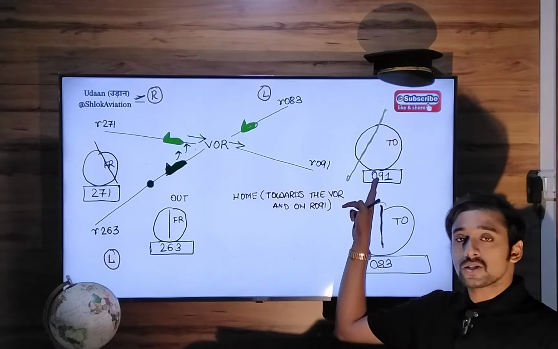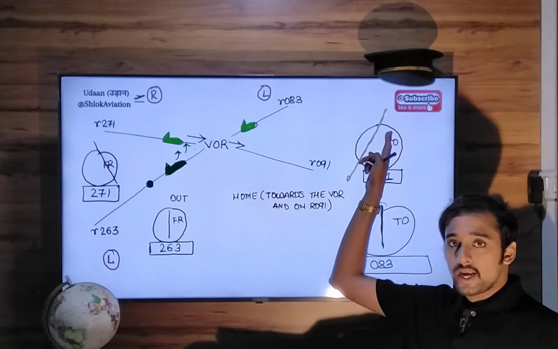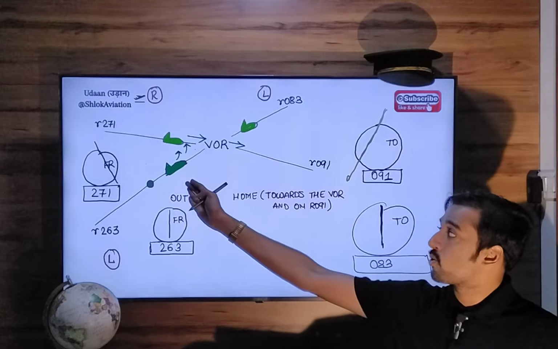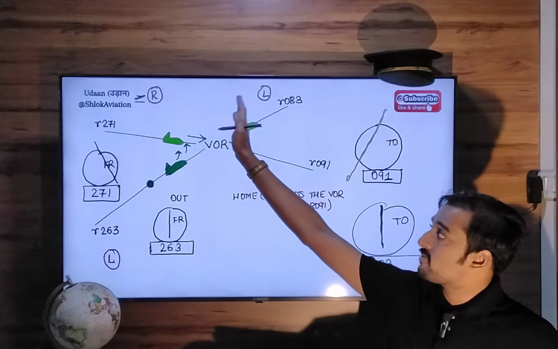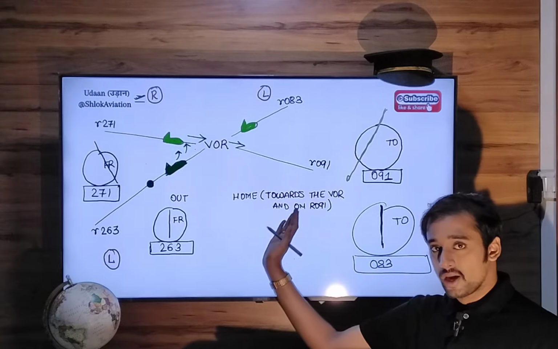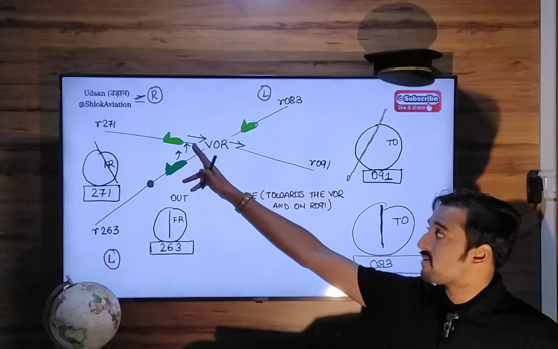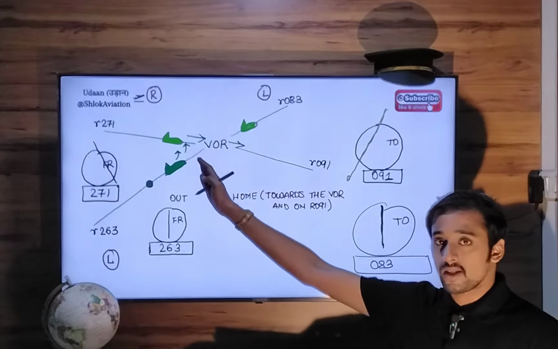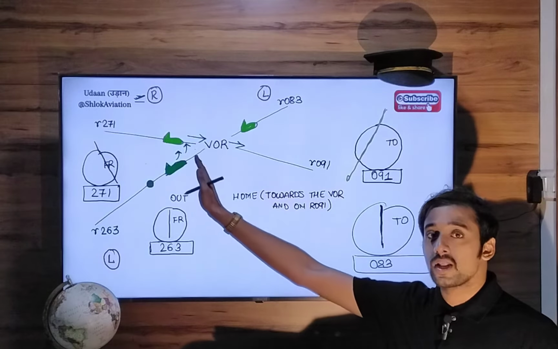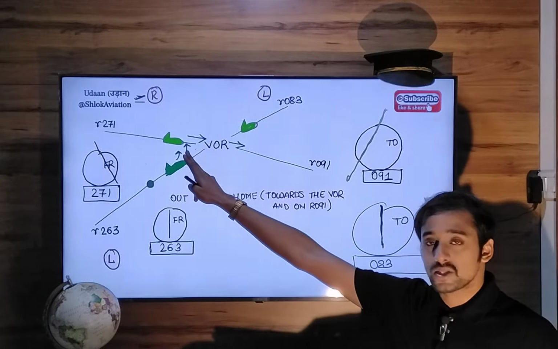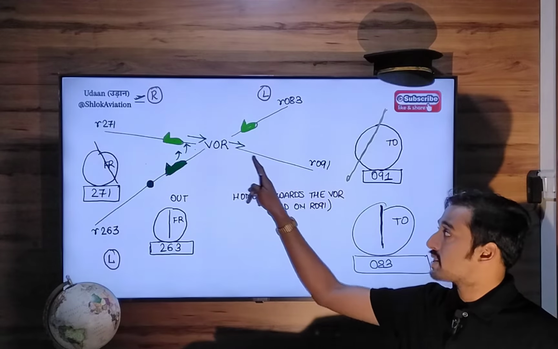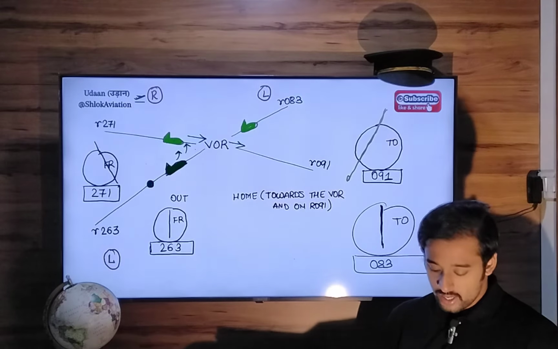So now you have already put 091, you will get a TO indication. The CDI needle will move in what direction? Since you are going towards the VOR, that will be your left side, this will be your right side. And the 271 radial, which is the reciprocal of 091, is to your left hand side. So it is telling you first go to the left, intercept 271, then fly radial 271 inbound, and then transition to radial 091.